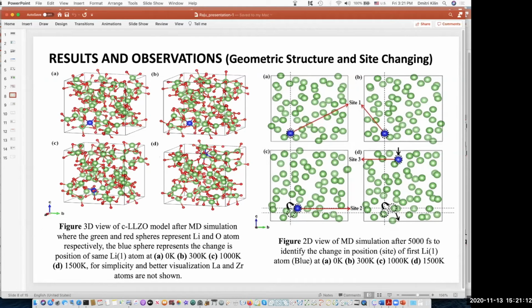And when we further increase the temperature to 1500 Kelvin, you can see it again changes its position to site 3. From the right side figure, you can see the original position is at A, which we indicate as site 1. Then at 1000 Kelvin, it changes its position to site 2. And when we increase the temperature to 1500 Kelvin, it changes its position to site 3.